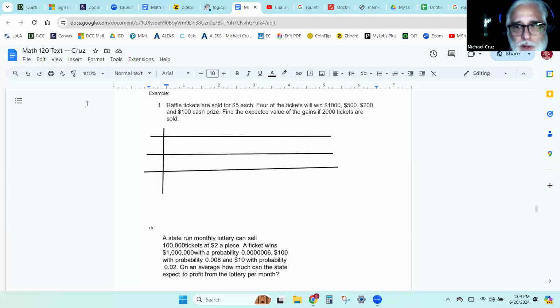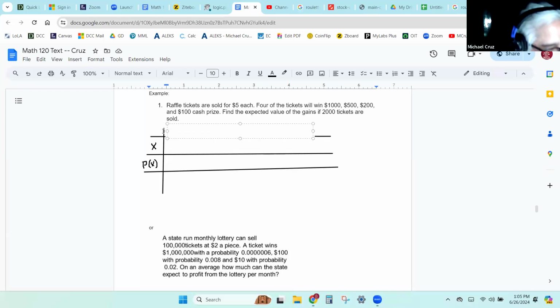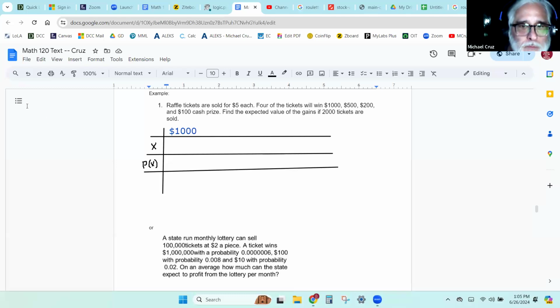All right, so let's see. We're going to put here our outcome, what happens, and our probability, and each one of the columns will be the different ones. I'm going to write up here for the first one, $1,000, and that's more just a title, because our outcome is not $1,000.